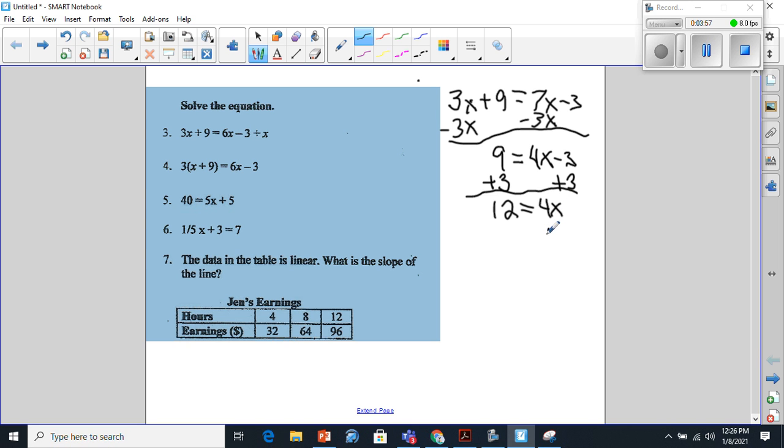I need to divide 4 away from 4x so I can get x all by itself. Whatever I divide from one side, I have to divide from the other. 12 divided by 4 is 3. That tells me that x must be 3. All right, let's go to the next one.